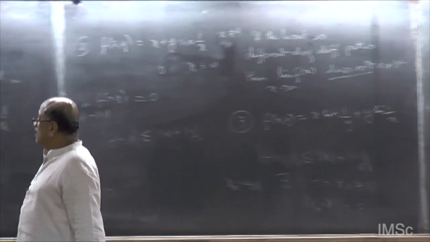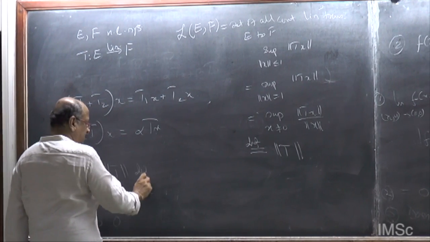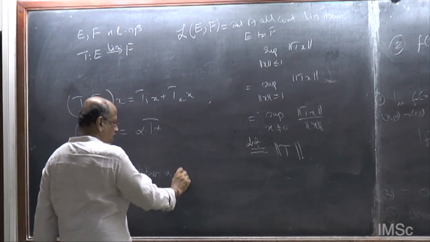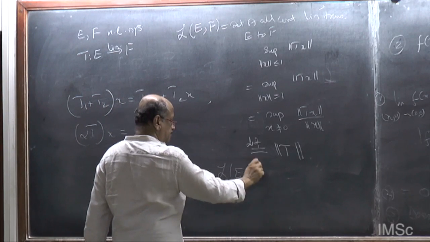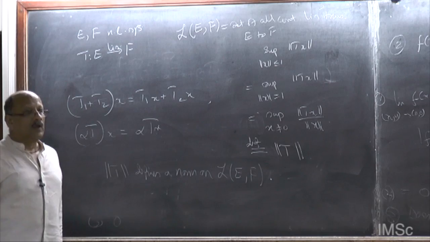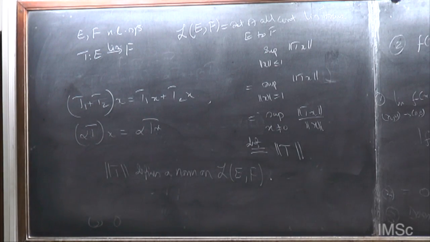So norm of T defines a norm on L of E, F. So you take two normed linear spaces, take all continuous linear transformations between them, and that itself is now a normed linear space.